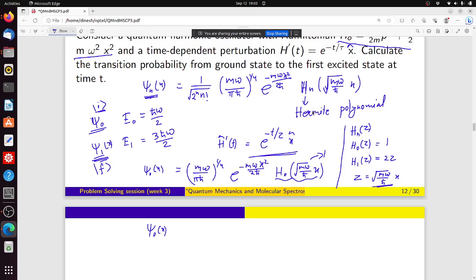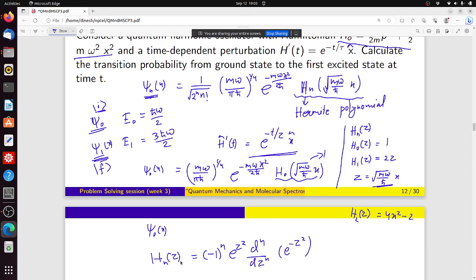If you have studied the quantum harmonic oscillator, then you might be familiar with this Hermite polynomial. Let me write H of 2 for you also. H of 2 will be 4z square minus 2, and you can find this Hermite polynomial. It has a form like H(n) of z will be minus 1 to the power n, e to the power z square, d to the power n over d z n, of e to the power minus z square.